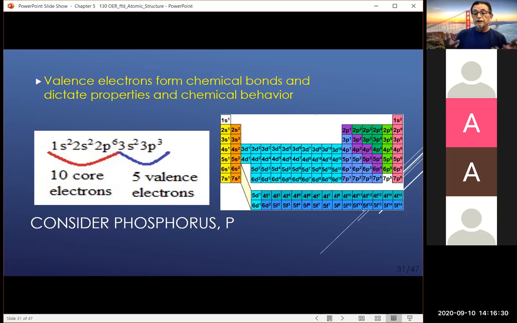What is the net? -3, okay? And by becoming -3, now it is an ion, and now we change its name to phosphide. Okay, right above phosphorus.